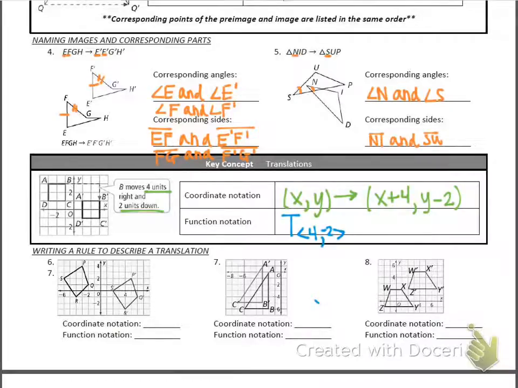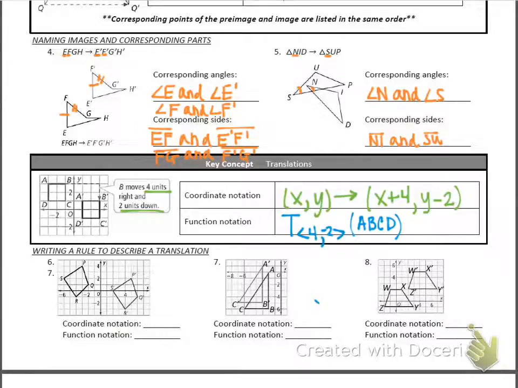But then you also have to say which shape we're translating. So in big parentheses, we say A, B, C, D. If it's a triangle, you put the triangle symbol. But for all other shapes, you just put the vertices.